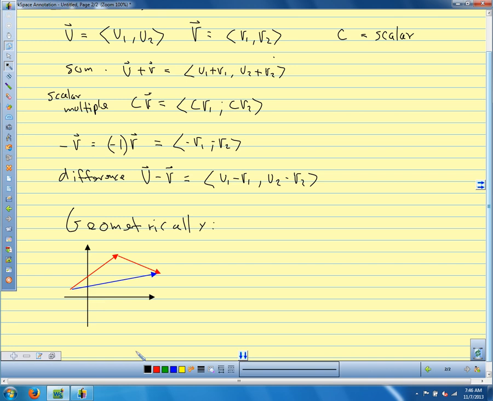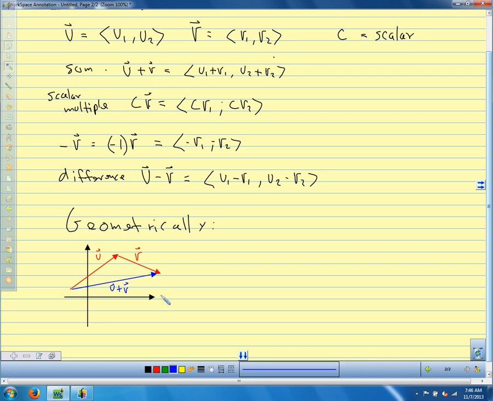So if this is U and this is V, in blue here we would have U plus V. So to add them geometrically, we place the vectors head to tail. And then from the tail of the initial one to the head of the last one is going to be our sum.